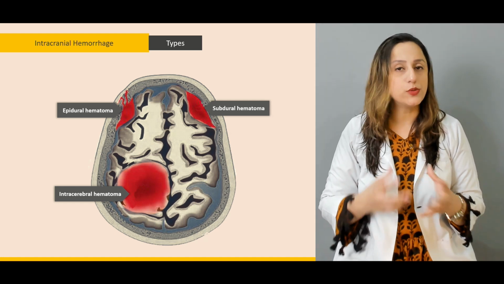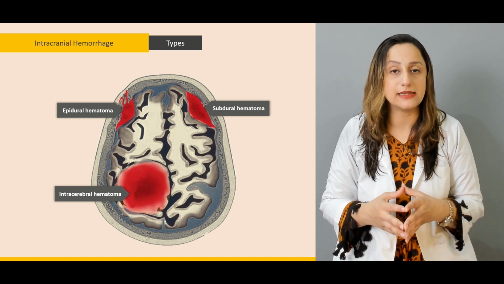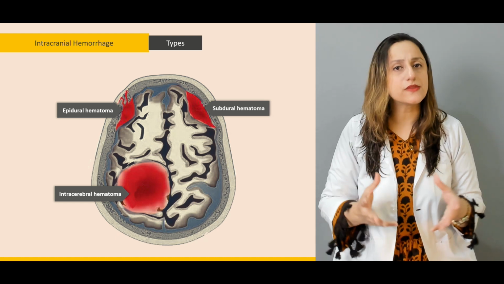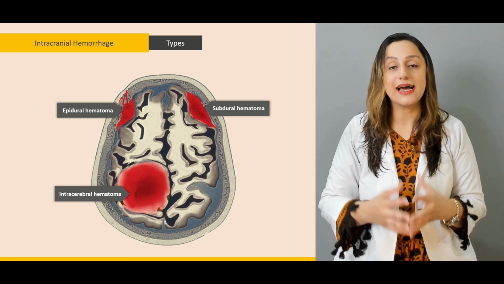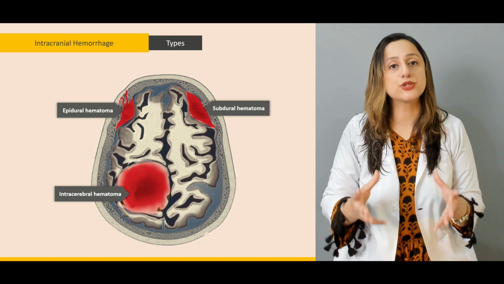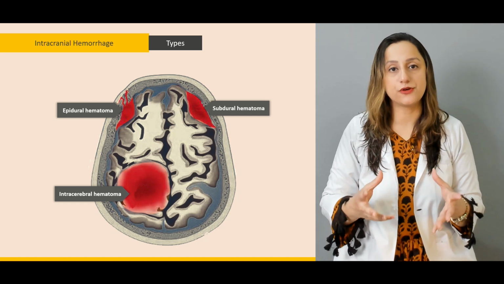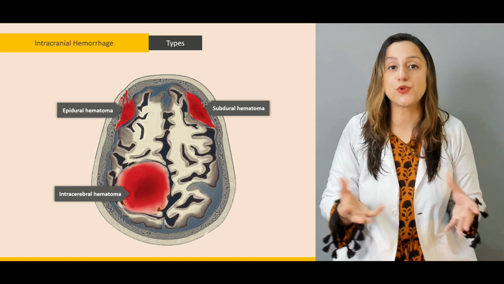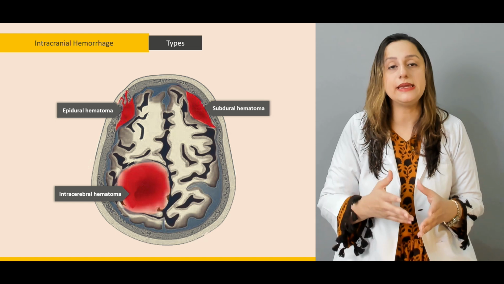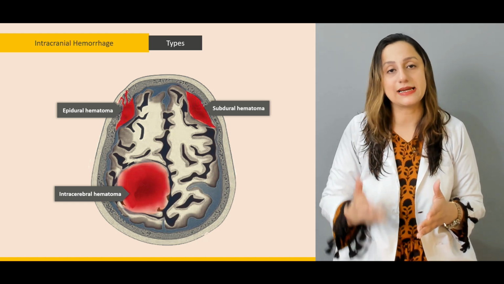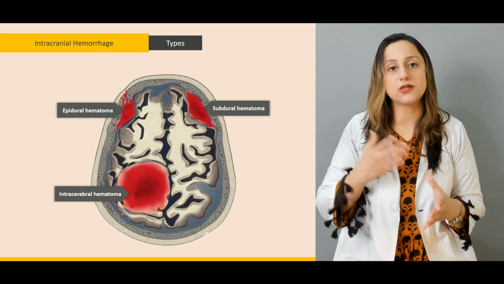Again, within 48 hours, the macrophages are going to start their phagocytic activity, and that is going to resolve some of the minute accumulations of blood, that is the intracerebral hemorrhages that can take place. And that is also going to result in transient attacks. The patient may suffer from some symptoms, and those are going to resolve after the resolution of the small hemorrhages due to the macrophage activity, the phagocytic activity that starts within 48 hours of the onset of the symptoms.